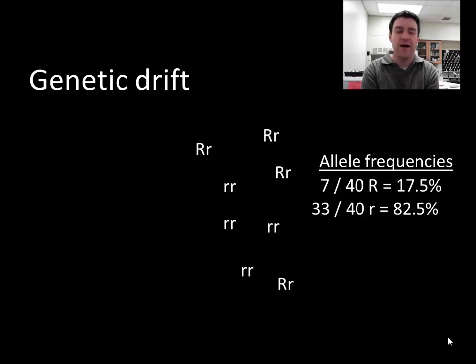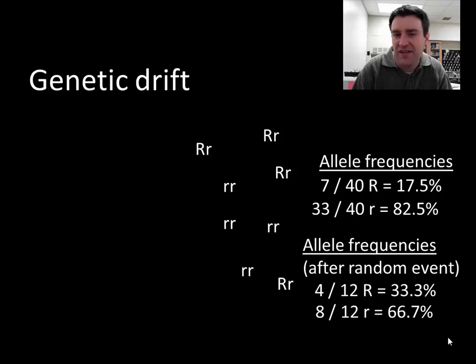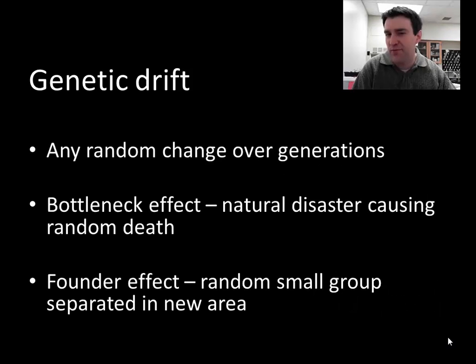Some kind of flood comes in and destroys a lot of organisms. The organisms that survive don't survive because they have genes that help them resist floods. They're just lucky, right? And so the new gene pool would look like this, significantly different perhaps from the original population. So that would just be one example of a random event causing a shift.